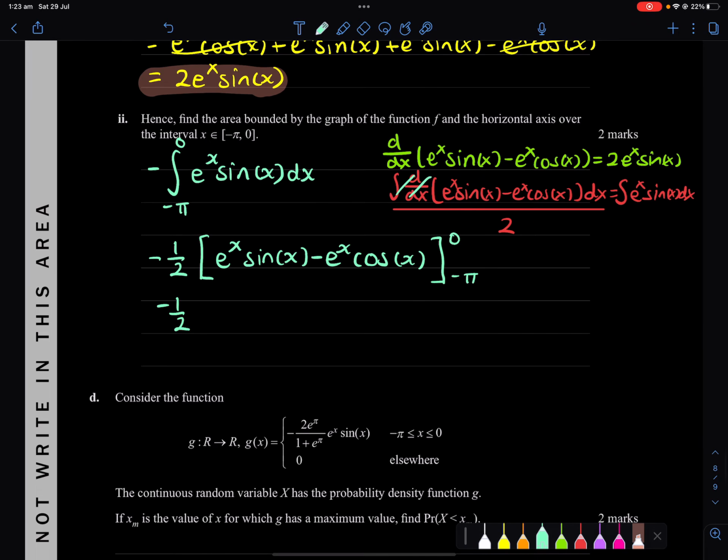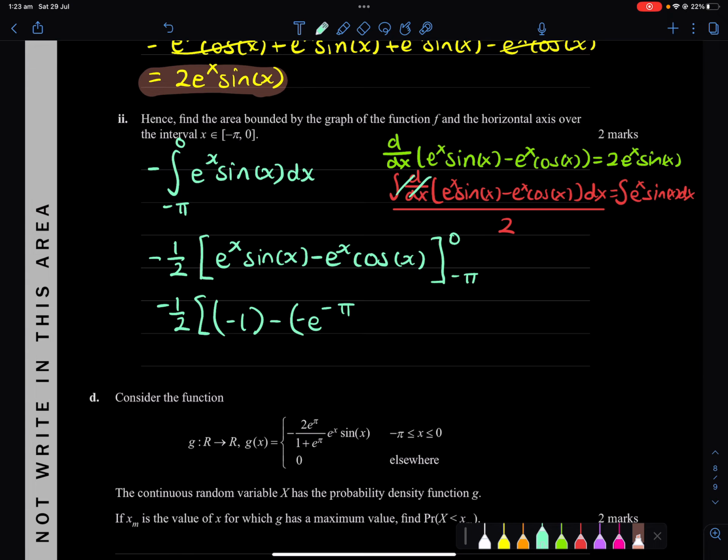Now, finishing this off, putting in 0: e to the power 0 is 1. What's sine of 0? It's 0. What's cos 0? Cos 0 is just 1, so it'd just be negative 1 minus, if I put in negative pi, it'll be e^(-pi). Sine of negative pi, we can take that negative out.